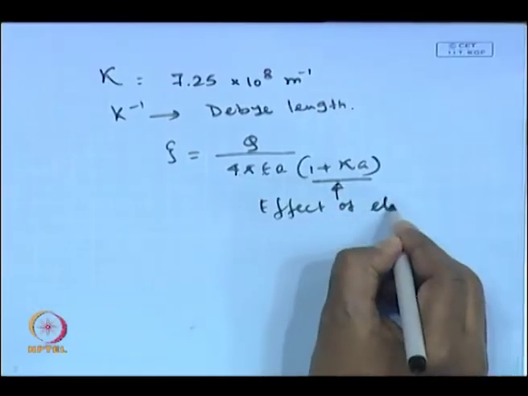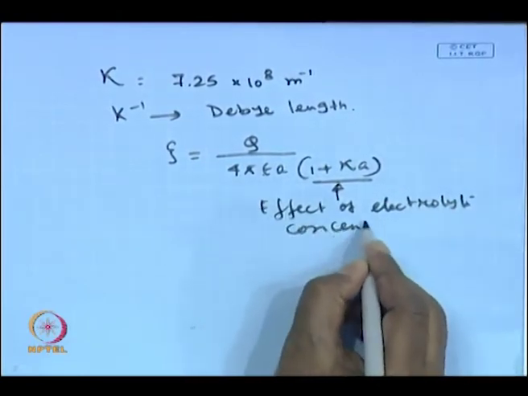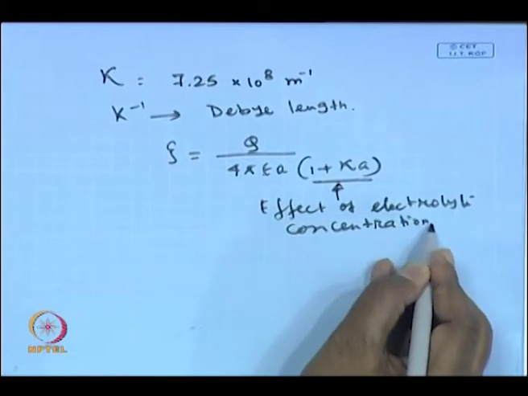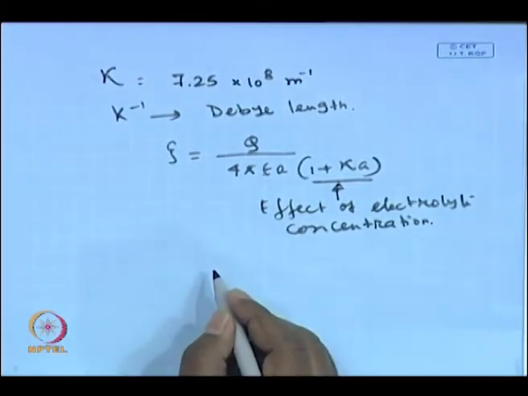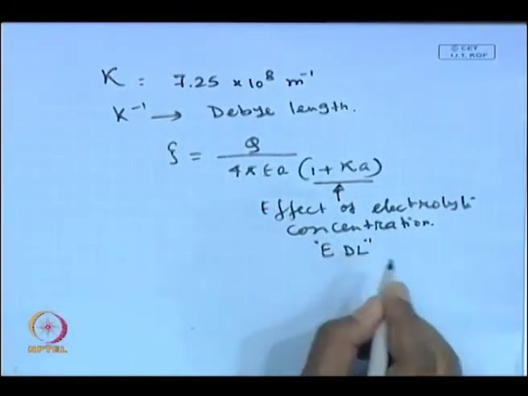So, this will give you the effect of electrolyte concentration within the electric double layer, the maldistribution of the charges within the electric double layer. That is the effect of the EDL.